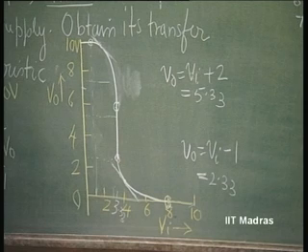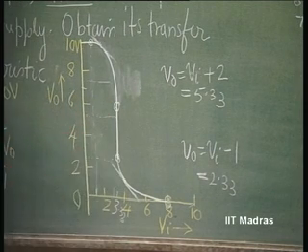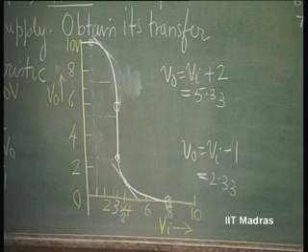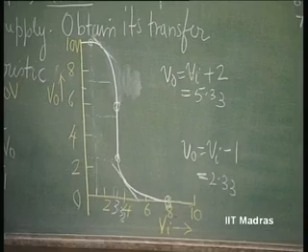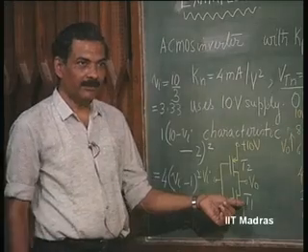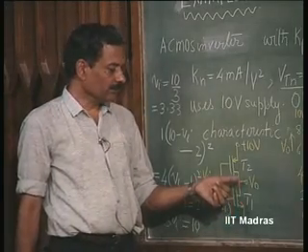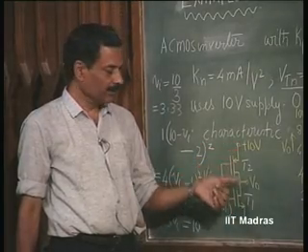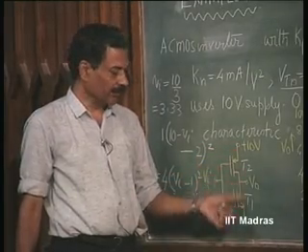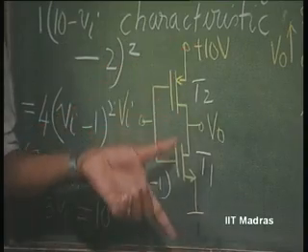Further, when it is in the active region, what will be the gain? Infinity. That is only when we are assuming that RDS of these transistors is infinity. Now, if you take finite RDS, there is an RDS1 here and RDS2, and they come in parallel.